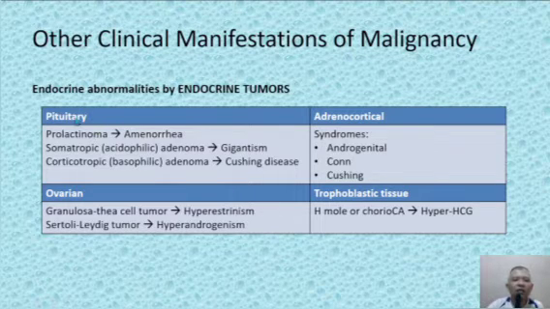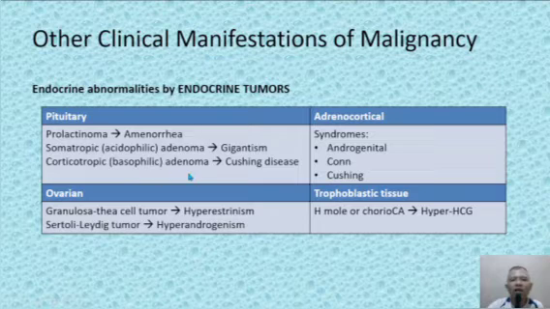Okay, so for example, a pituitary tumor, of course, no, it will produce hormones that will lead to abnormalities. Okay, so for pituitary tumors, prolactinoma, amenorrhea; somatotropic or acidophilic adenoma leads to gigantism.